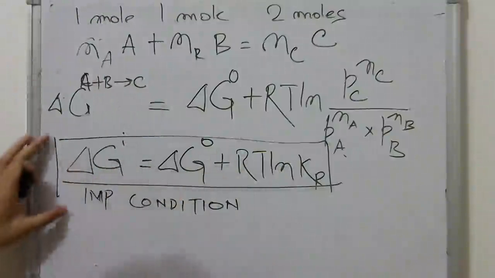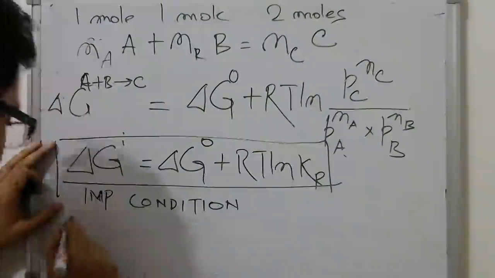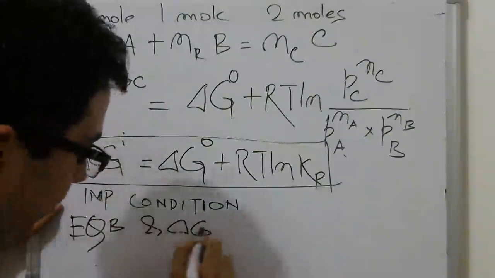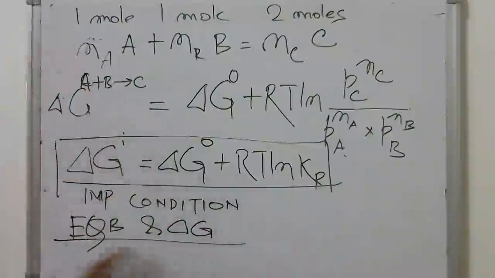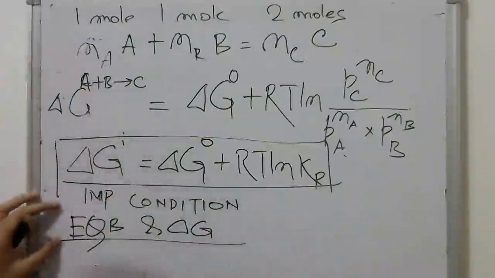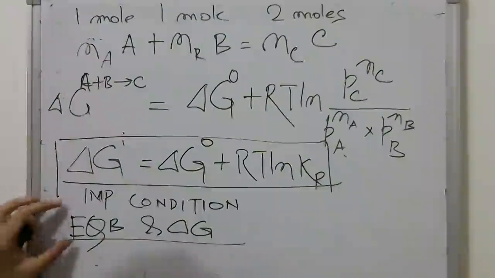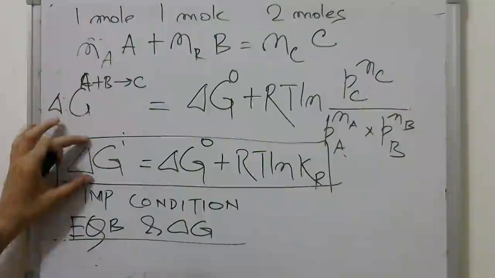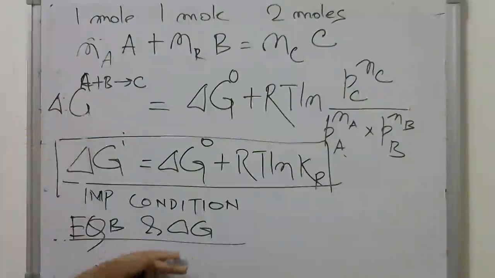Now, I always talk about equilibrium and delta G. This will always be the talk of thermodynamics. This is always the importance of thermodynamics, to find out the equilibrium in terms of delta G. So whenever equilibrium and delta G are considered, always remember that the delta G, the free energy change, should be 0 if it is an equilibrium condition.